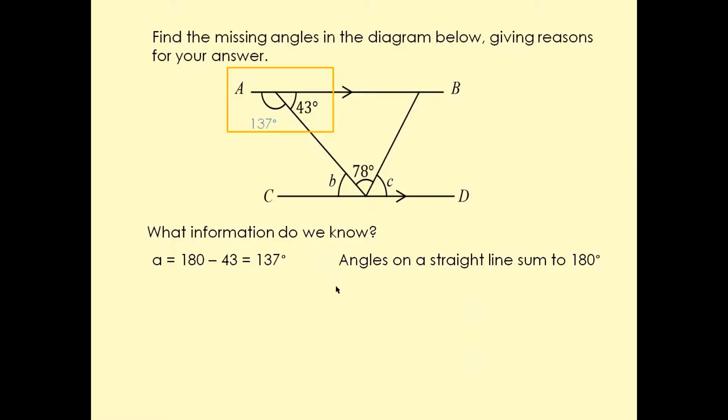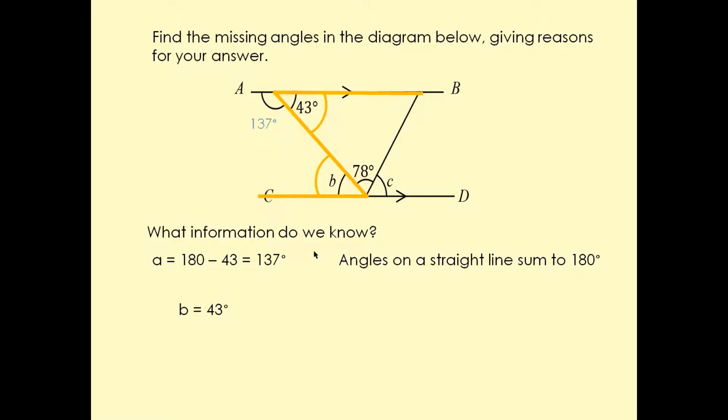Now B is going to be, now you have to look at Z angles. Z angle or F angles. So in this case, you can see that's an inverted Z here. So whenever you find a Z, this angle is going to be this angle.